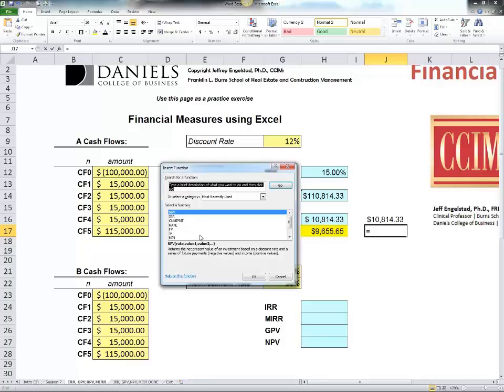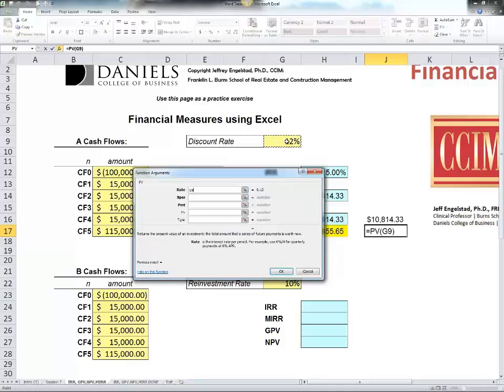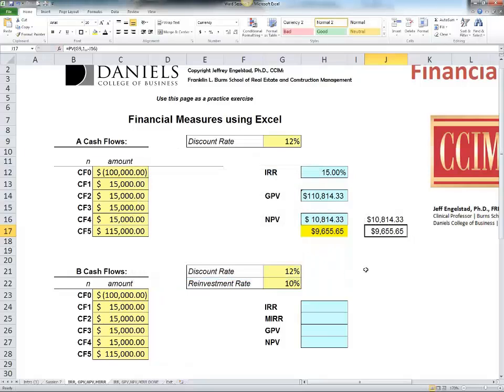Let's use present value. At 12% for one period, let's discount $10,814, which is the real net present value, and look what we get, $9,655.65. So you know where this thing lives is up here somewhere in time period -1.